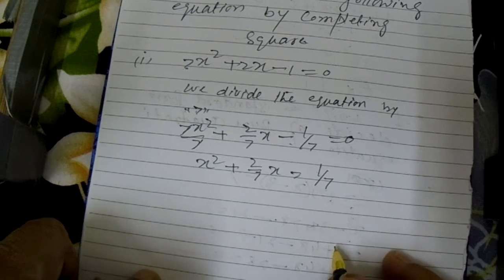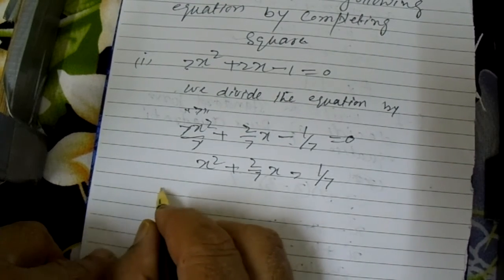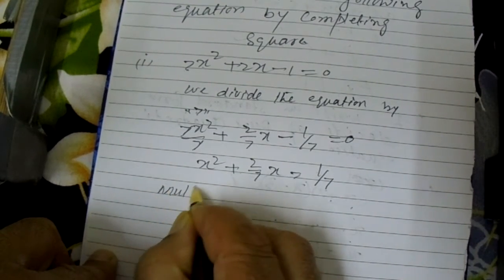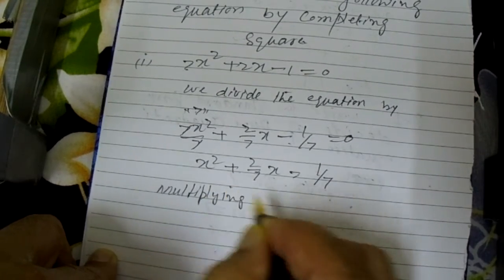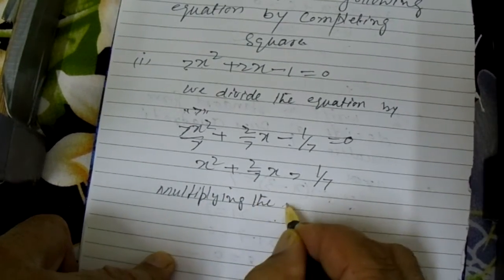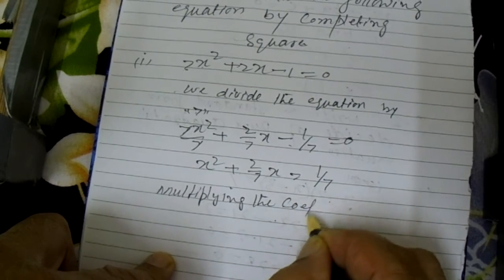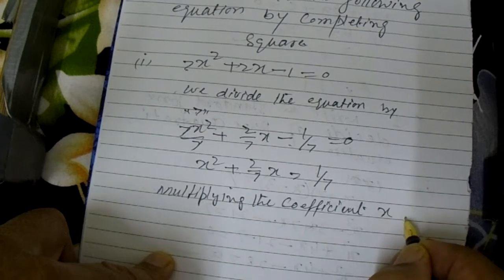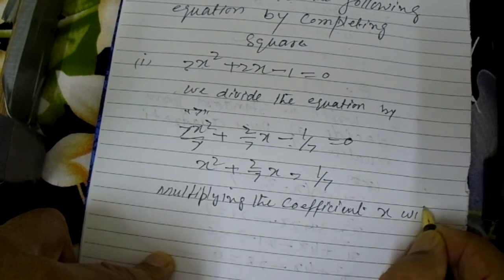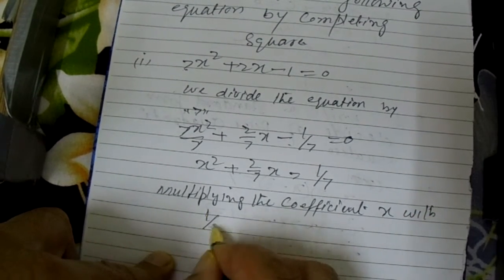Now we write here: multiplying the coefficient of x with 1 by 2.